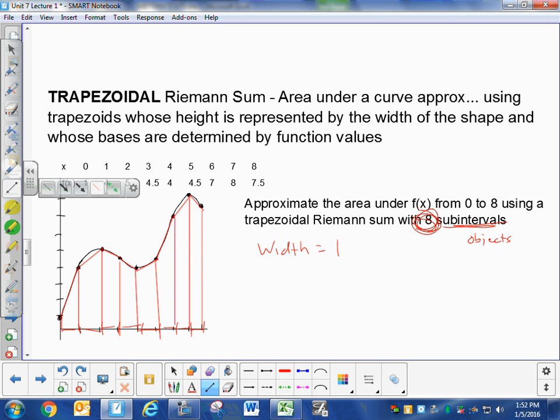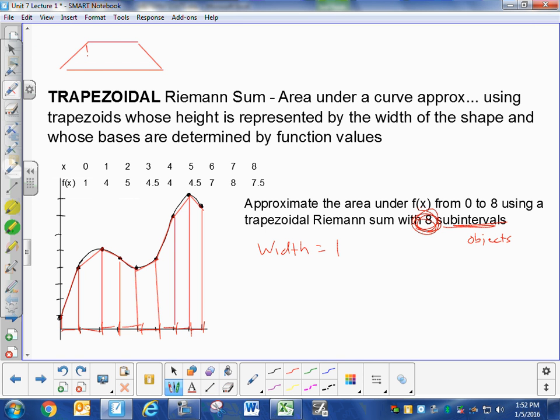Okay? Now, you might be thinking, where are the trapezoids? Well, I'll show you. You're used to trapezoids looking like this. And a trapezoid has 3 distinguishing features. It's got a height, it's got a B1 and a B2.